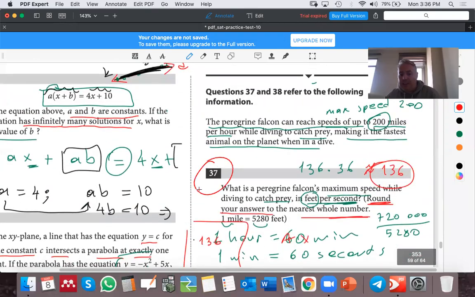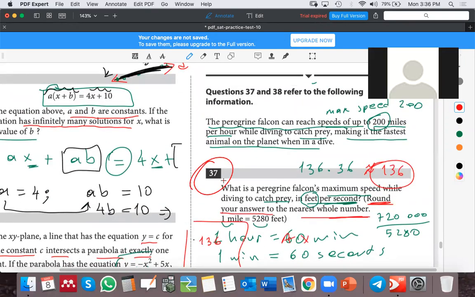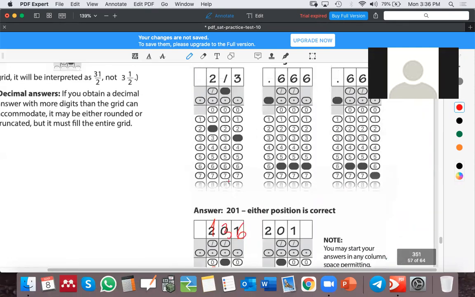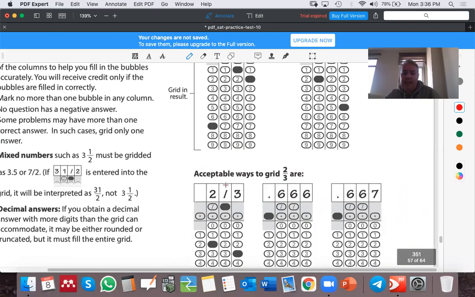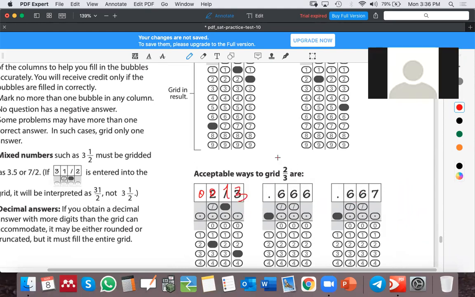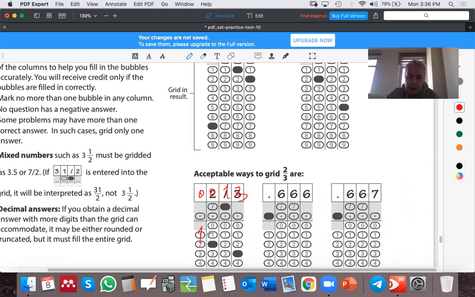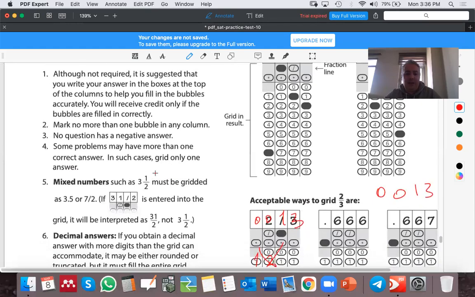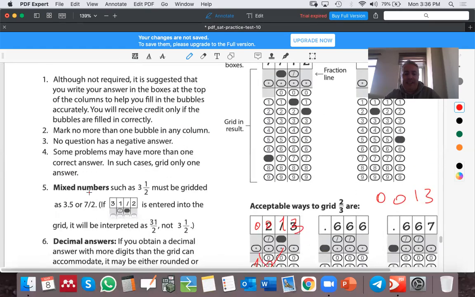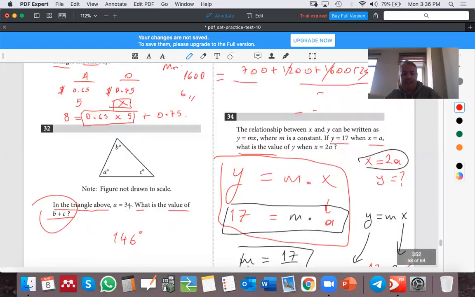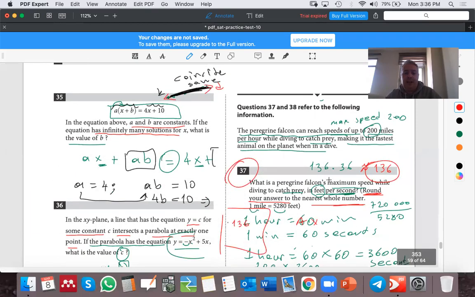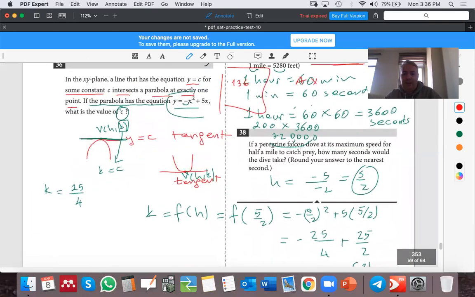If the answer is 13, it is here: 0, 0, 13. That's it. Even this is correct. Even if it is 13, you can write it, but I prefer 0, 0, 13. The rules are given here. When you read it, you can understand. It says everything here. Okay?